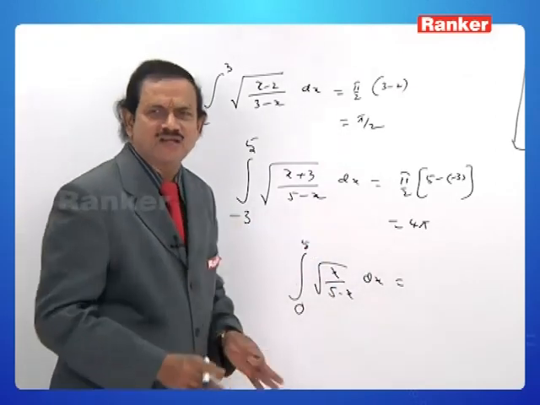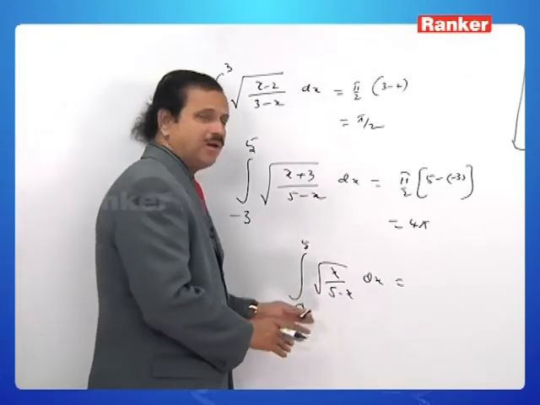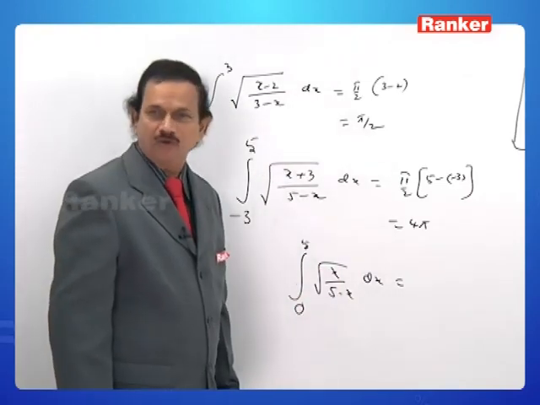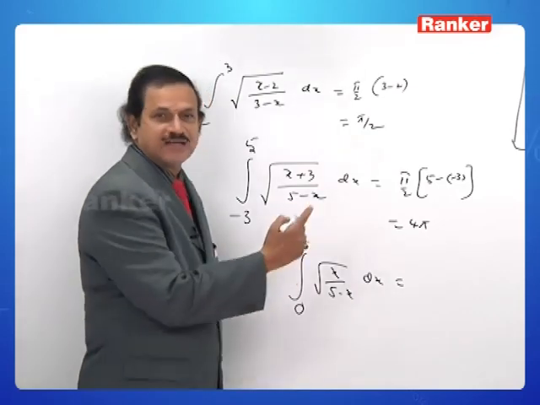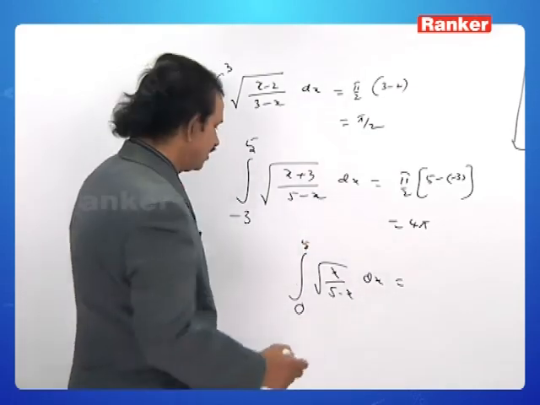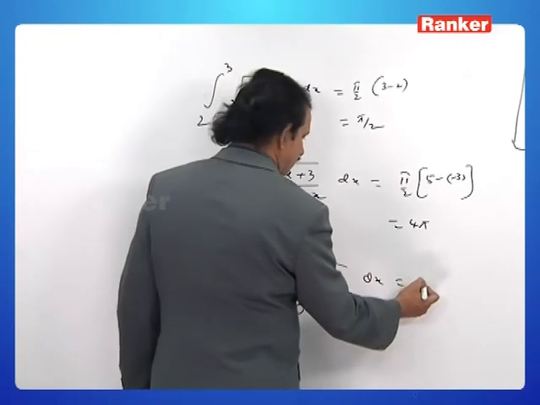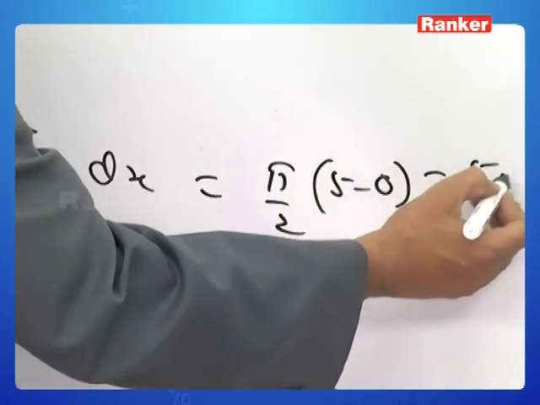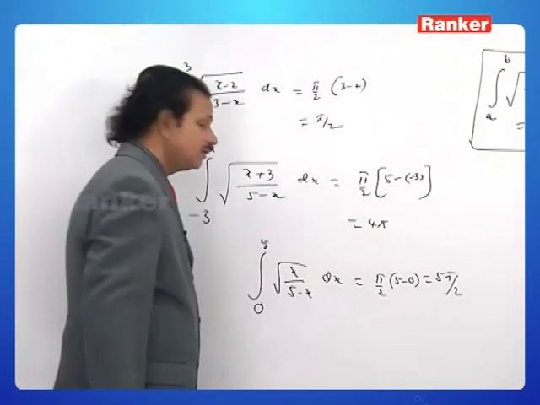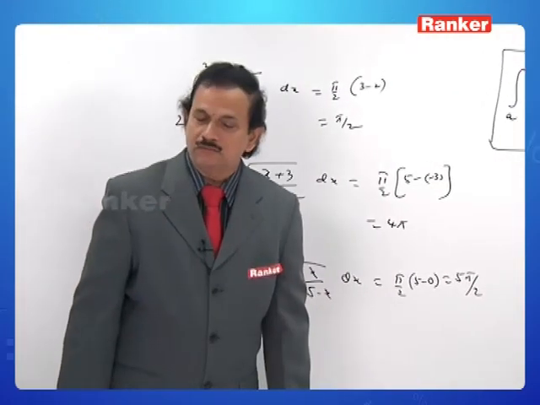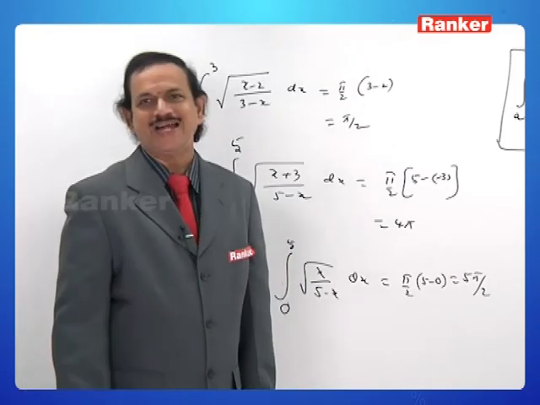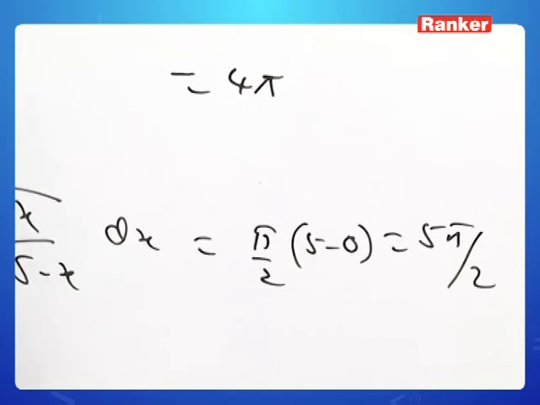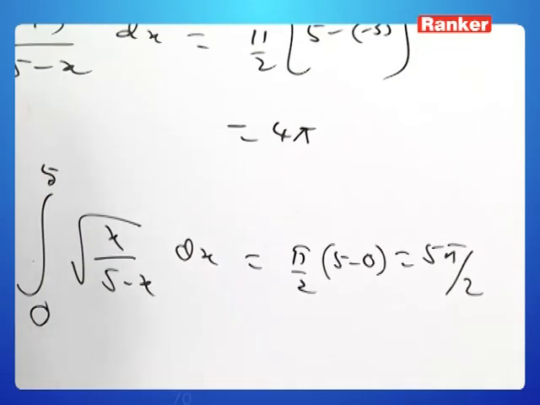So exactly, this problem is also in that standard model. Therefore, you can make use of that answer here also. The answer is pi by 2 into b minus a, that is 5 pi by 2. The only thing is, you must be able to notice that it is in the standard form. If you can do that, you can read the answer on the spot within 5 seconds.